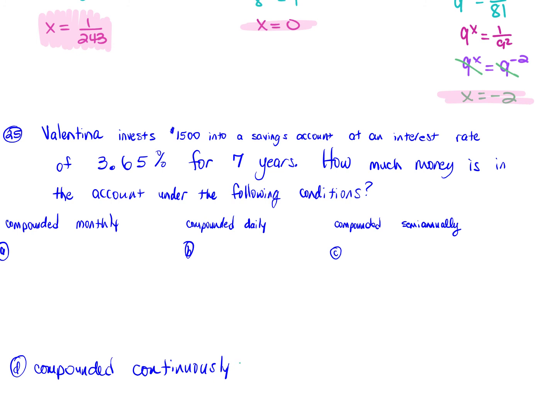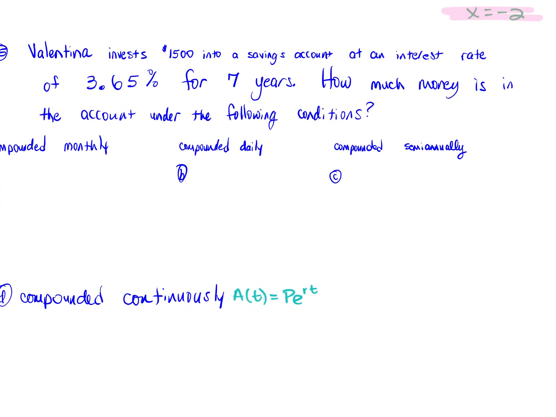That's just A of t is equal to P times e to the power of r times t. For these ones above that, you are going to use A of t is equal to P times 1 plus r over n to the power of n times t.